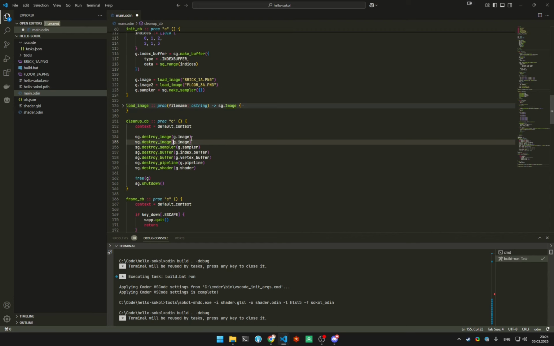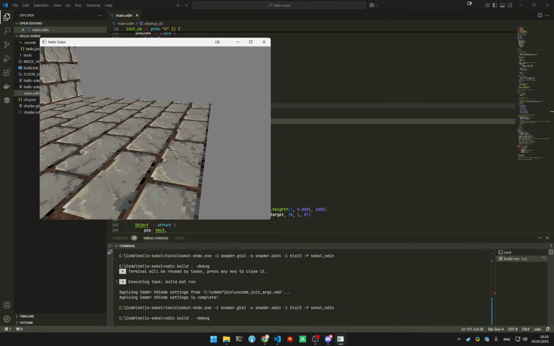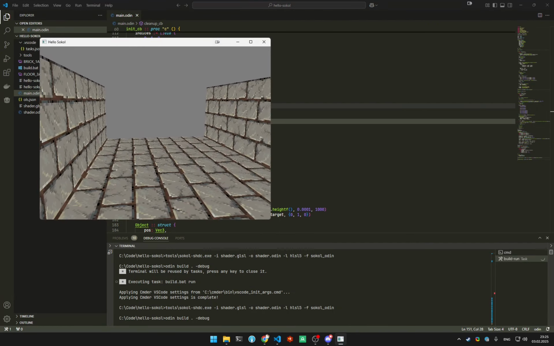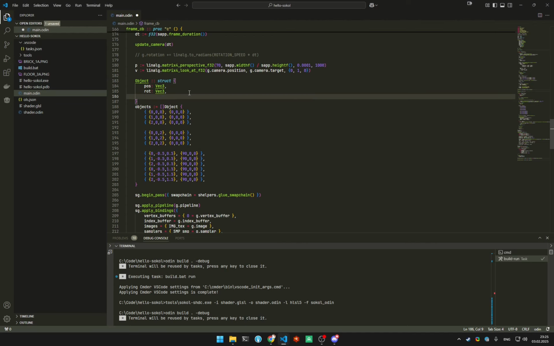I'm just showing how to use Sokol graphics and Sokol app in Odin. So yeah, now we have two textures in our video memory. And what we could do is actually to specify it here, like which image to use.